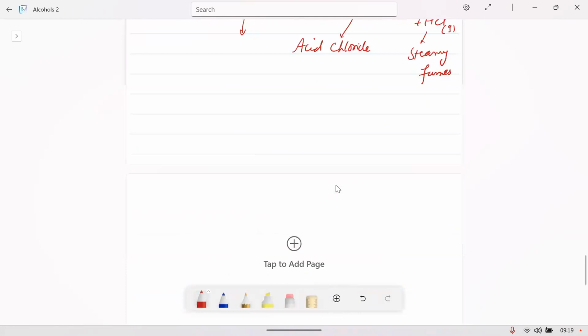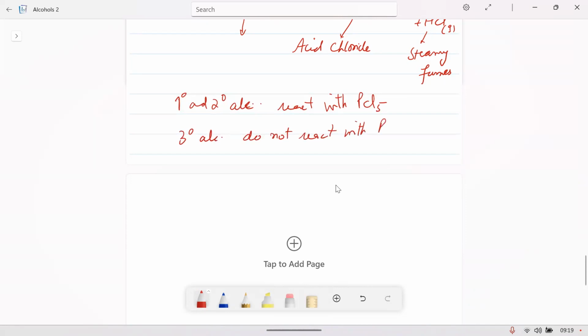Now, tertiary alcohols. This reaction works well with primary and secondary alcohols. They react with PCl5, but the tertiary alcohols do not react with PCl5 in the same way.